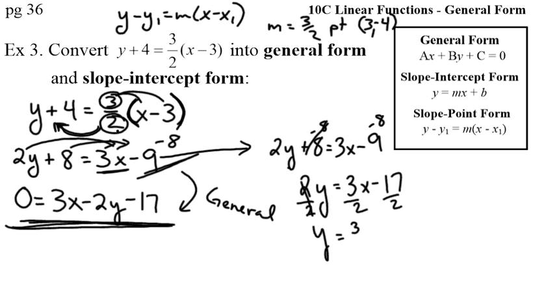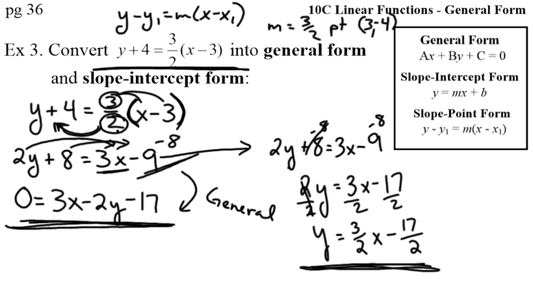Y equals 3/2 x minus 17/2. So this gives us all three forms. Slope-point form, general form, slope-intercept. All three of those equations represent the same line, but are just different forms of it.